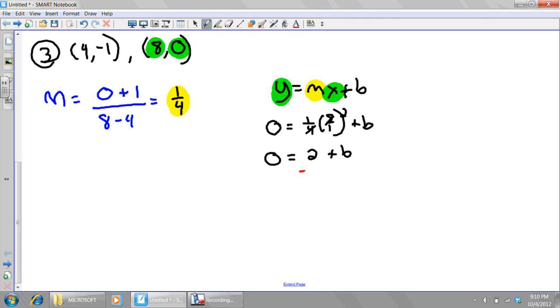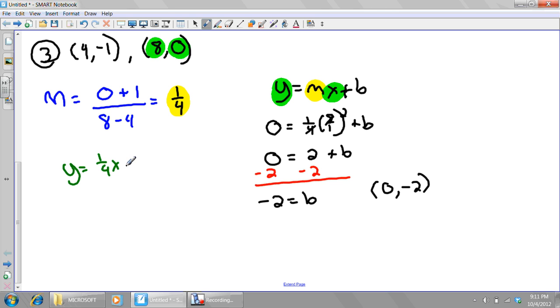I'll subtract 2 to get the b alone, and then I will get -2 equals b. And so the y-intercept occurs at 0, -2. And my equation will end up being y equals 1/4 x minus 2. And that's it.